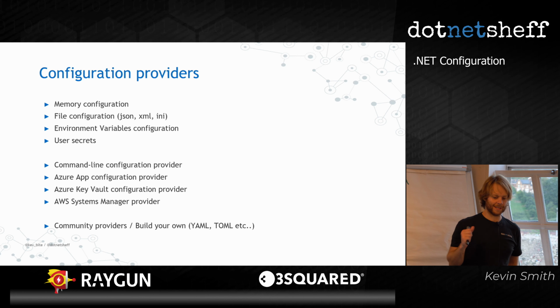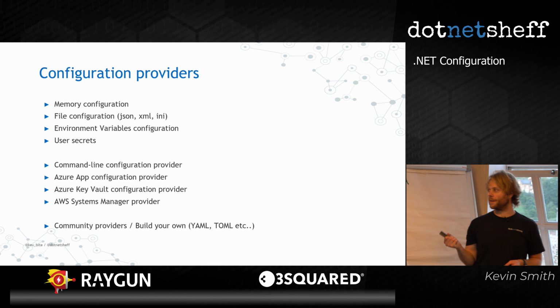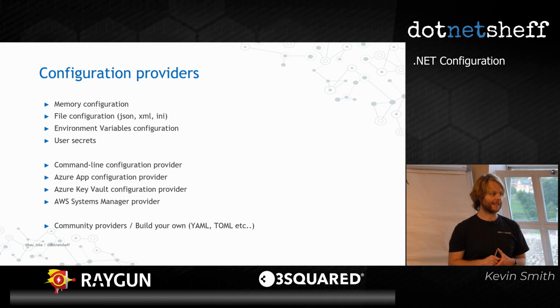But there's also a command line configuration provider, and the Azure app configuration provider. So Azure has a way of storing all your configurations in kind of their little database, and you can connect to that, and it'll automatically refresh when you change the values. There's also one for the Azure Key Vault as well. So if you're storing lots of keys in there, the secrets, and you've only got certain permissions where you want to allow people to access them, you can put them in there.